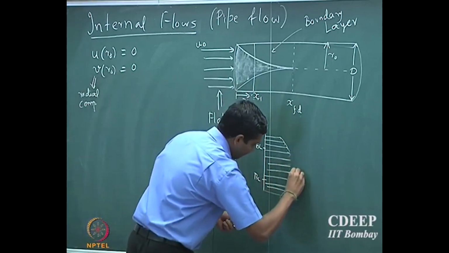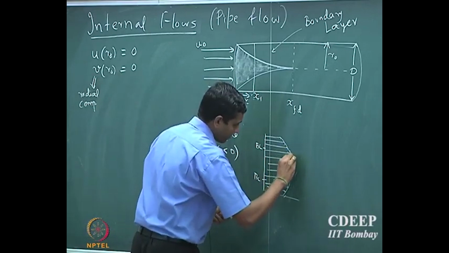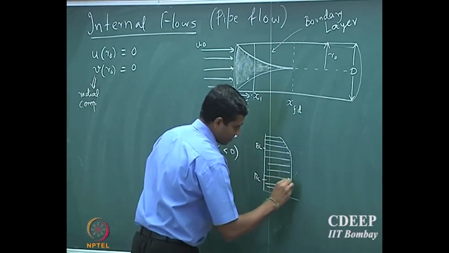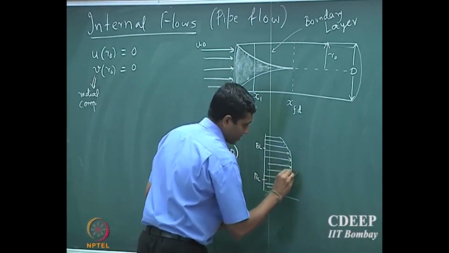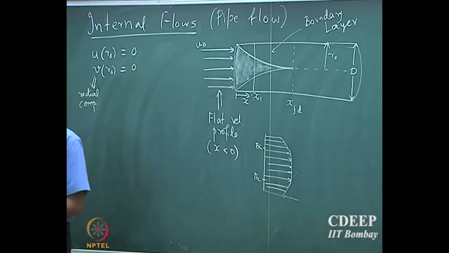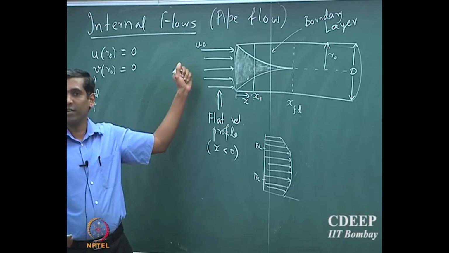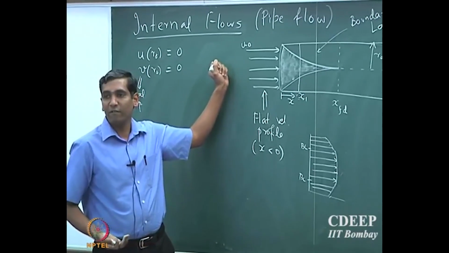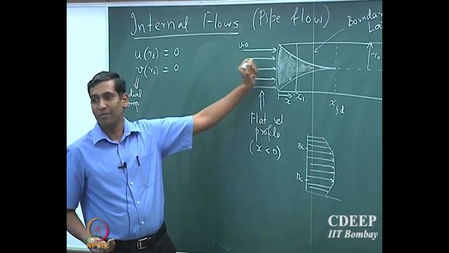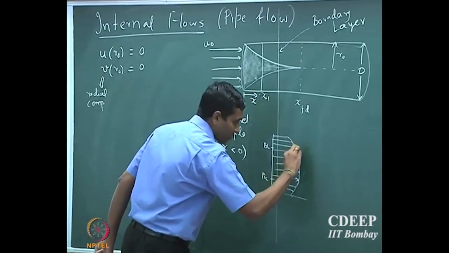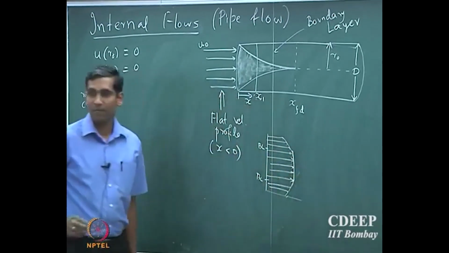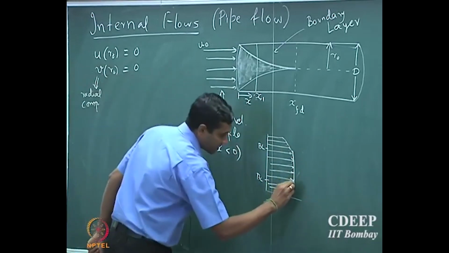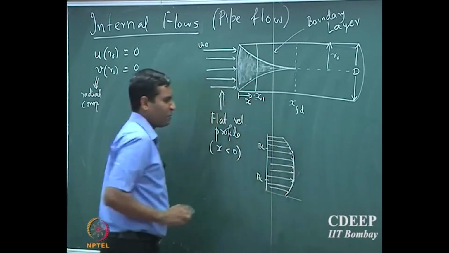It should be a flat velocity between the boundary layers, the same velocity profile as that of the fluid which is entering the circular tube. So it will have a flat velocity profile between the boundary layers, and then the fluid will be retarded in the boundary layer.